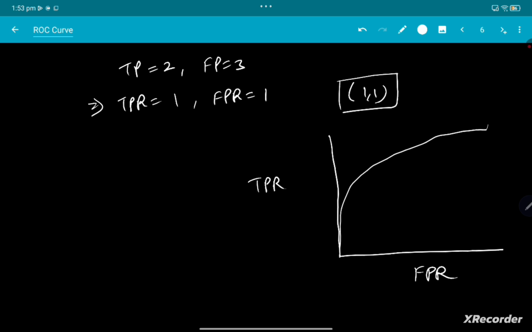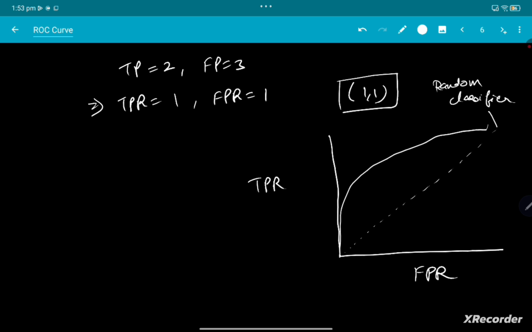So how will we compare how good our model is in predicting the positive class or negative class? For a random model, the curve is almost a straight line. Now this diagonal line represents a random classifier.